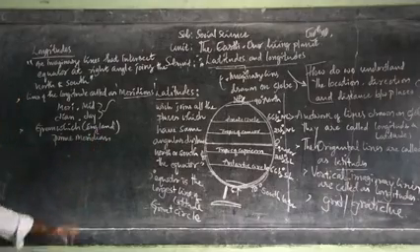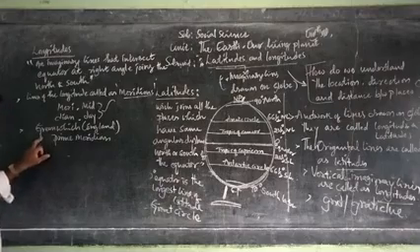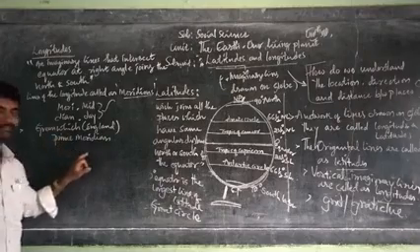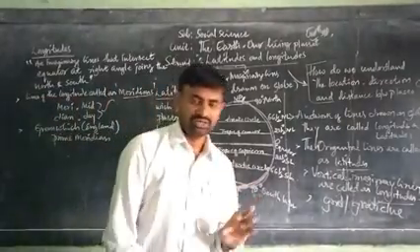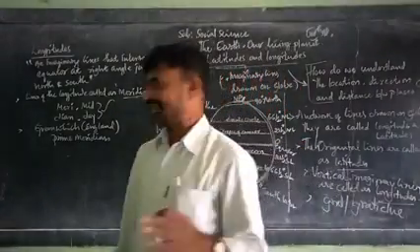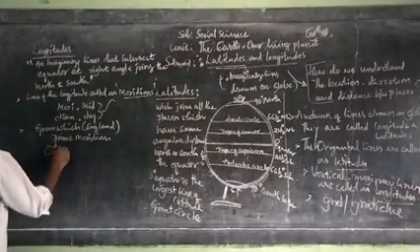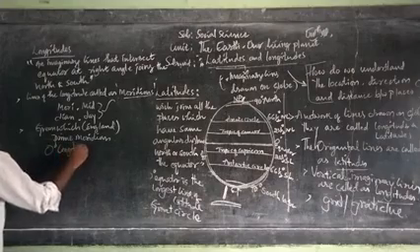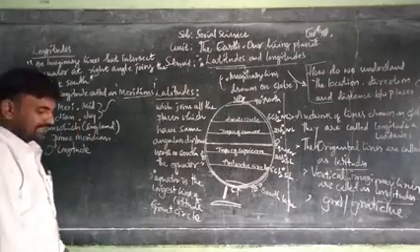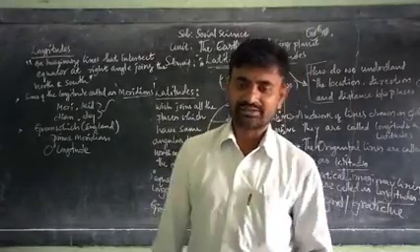Yes, please listen to this. The meridian passing through Greenwich in England has to be called the prime meridian of the world. And it is marked as 0 degree longitude.